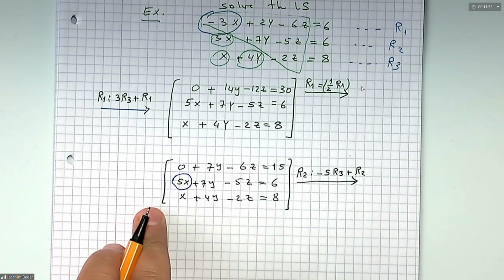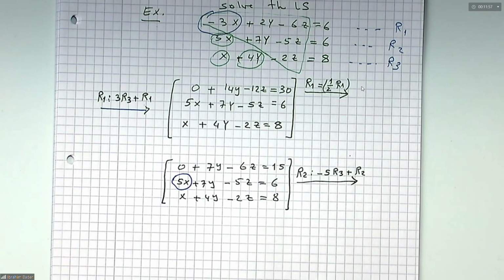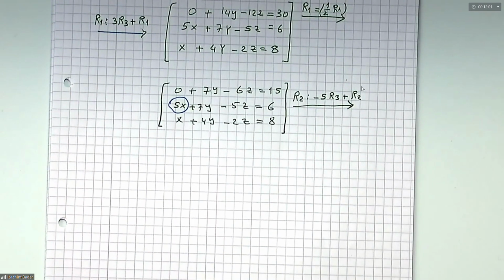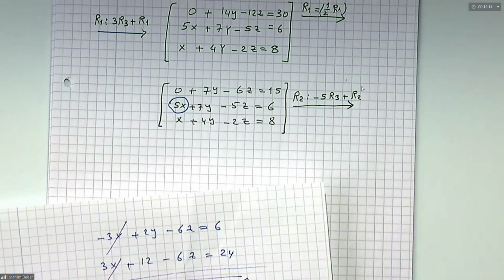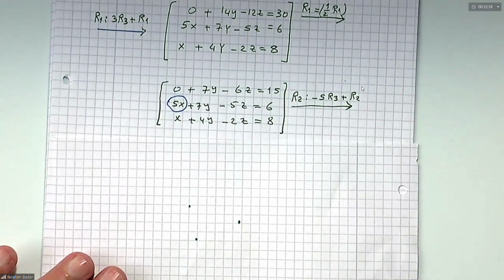I will multiply this with minus 5 to get rid of this 5x, and then see what I get. Please ask questions if something is not clear. So I will be doing this again on the scratch paper here. I hope you can see it here.